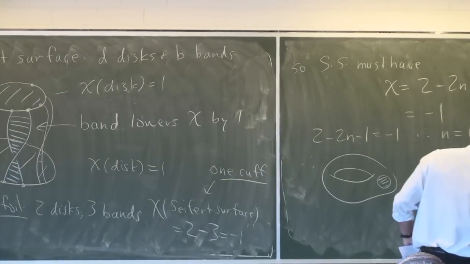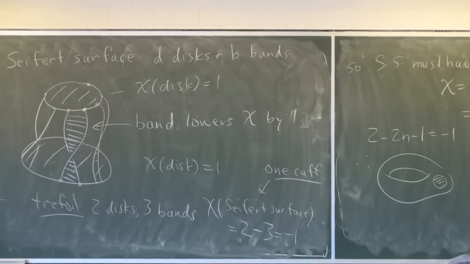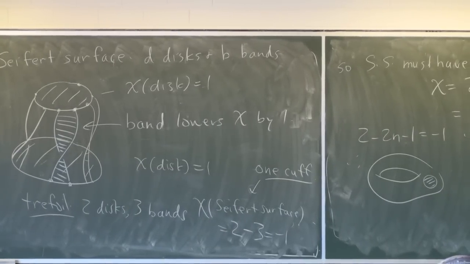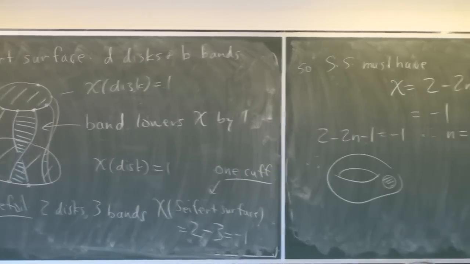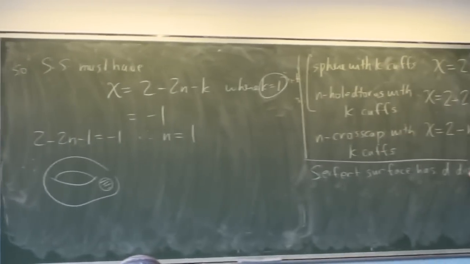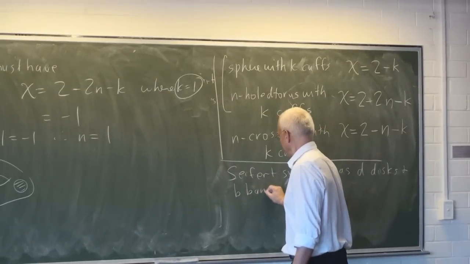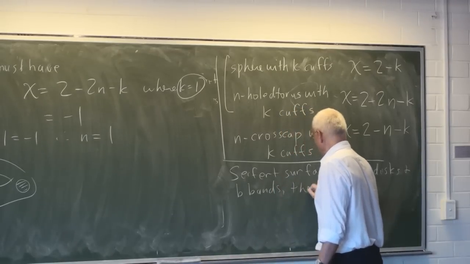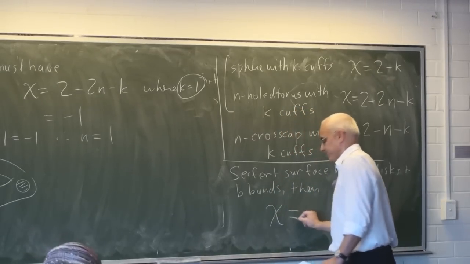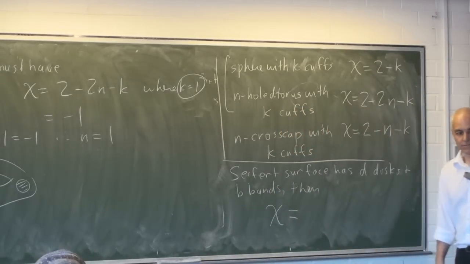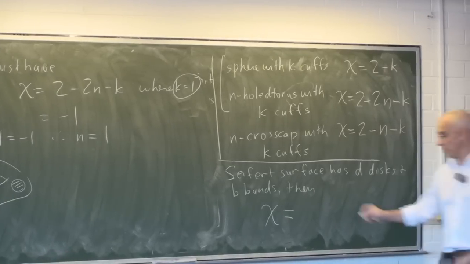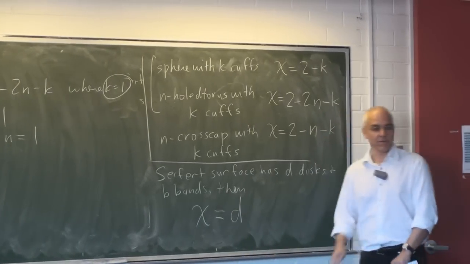So somewhat more generally, if the Seifert surface has D disks and B bands, then its Euler characteristic is: each disk contributes 1, so there's going to be D of them.